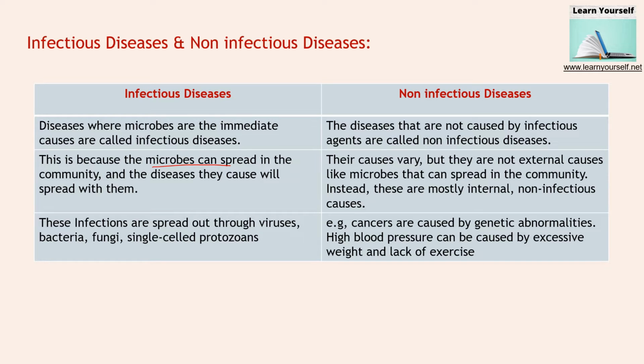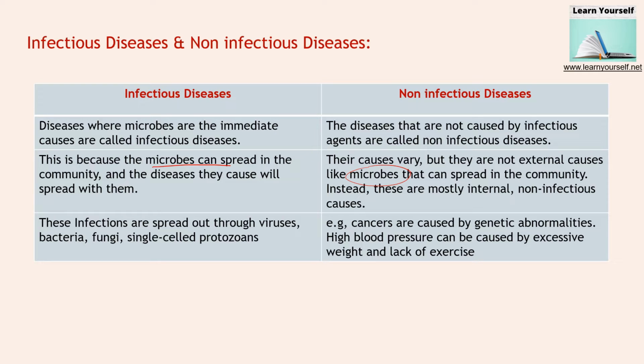That is how infectious disease will spread throughout the community. Whereas for non-infectious disease, the causes will vary, but they are not external causes like microbes that can spread in the community. Instead, these are mostly internal non-infectious causes.